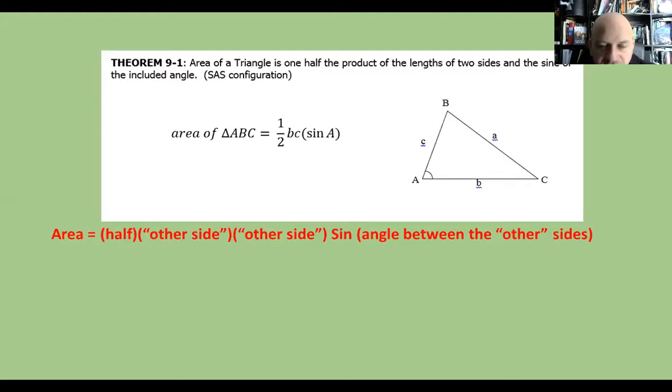Depending on what calculator you have, if you do not have the class calculator I recommend, I would do 0.5 times B times C times sine of A. If you do have the class calculator, I would do BC sine of A and then divide by 2 using the ND function. So this would be the ND button, this would go on top, and this would go on the bottom. This looks kind of confusing, but it's really not.